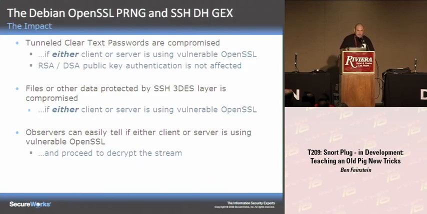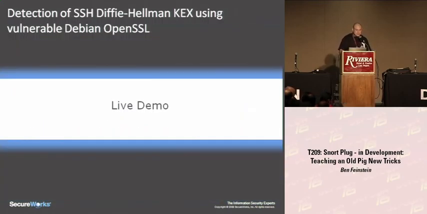But I can harvest clear text passwords all day long if you're using this bad Debian OpenSSL. You can grab files or any other data in the session that's being transferred. And observers can relatively easily tell if one or both of the servers is vulnerable and then proceed to decrypt the stream. So let's do a little live demo of this stuff.